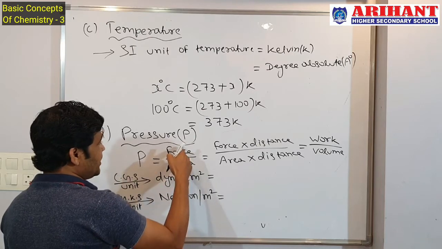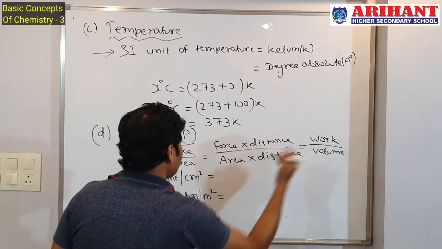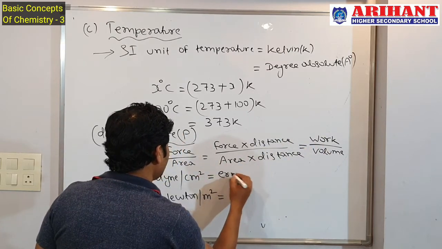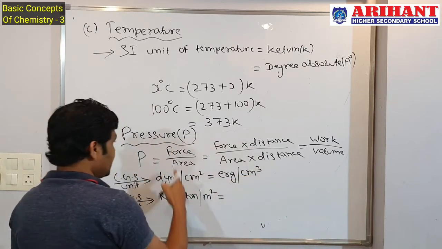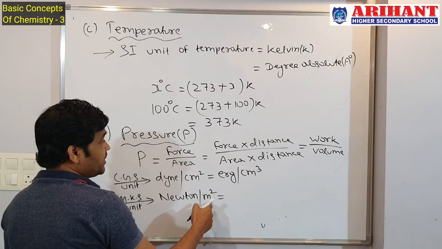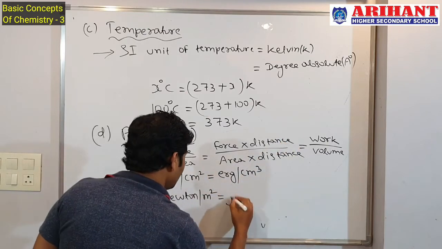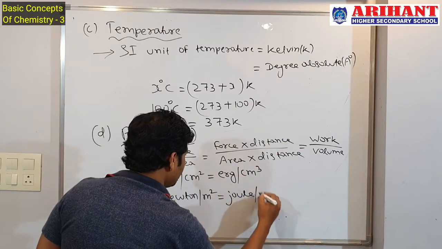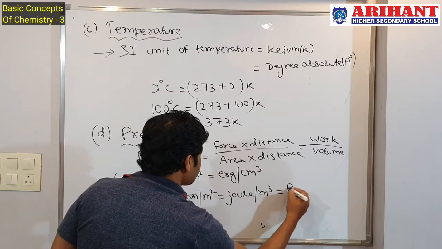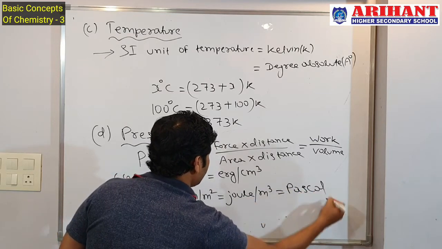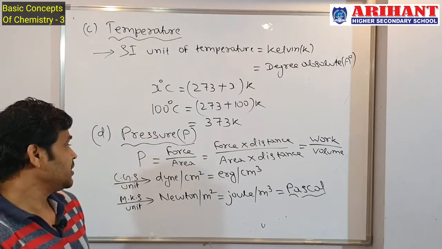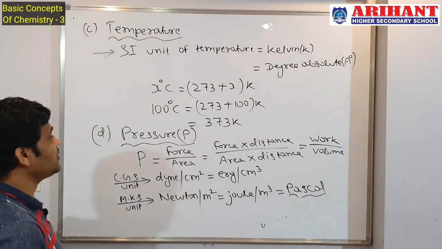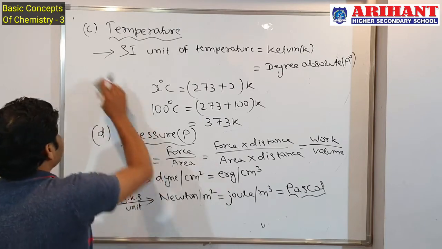Dyne per cm square, force by area. Work by volume, work CGS unit, erg by cm cube. Force by area, Newton per meter square. Work by volume, work joule by meter cube. It is called Pascal. Pascal is the MKS unit of pressure.